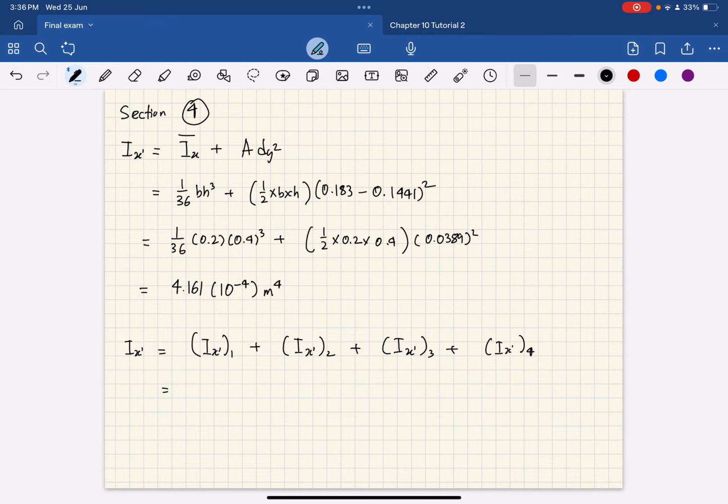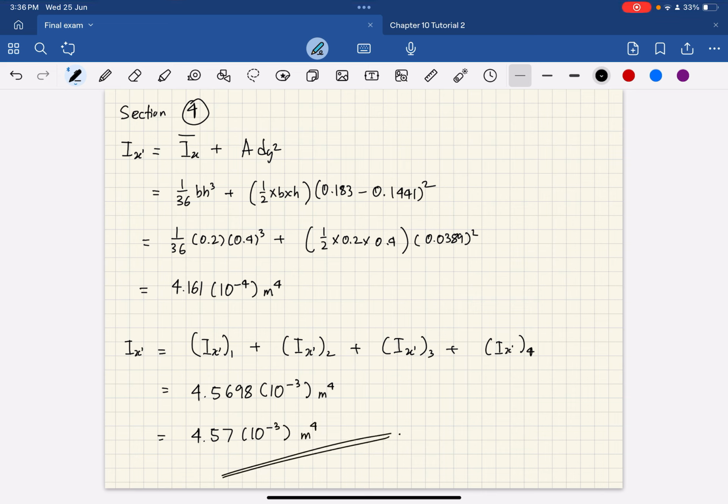Okay, so if we add them all together, we should get 4.5698 times 10 to the power of negative 3 meters to the power of 4, or it becomes 4.57 times 10 to the power of negative 3 meters to the power of 4.